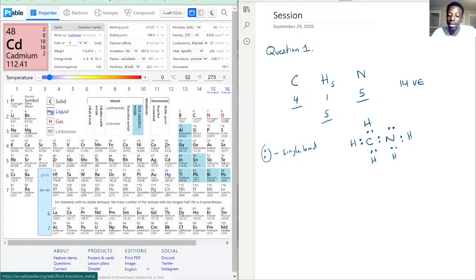And funny enough, we actually get the 5 hydrogens, 1, 2, 3, 4, 5. And if we count the valence electrons, it should equal 14. So let's see. 2, 4, 6, 8, 10, 12, 14.